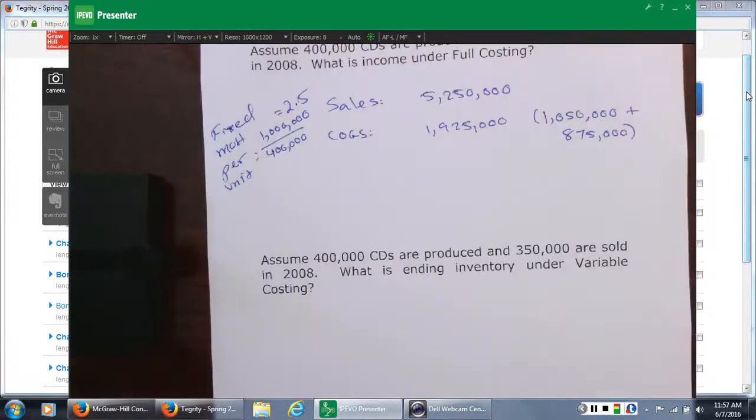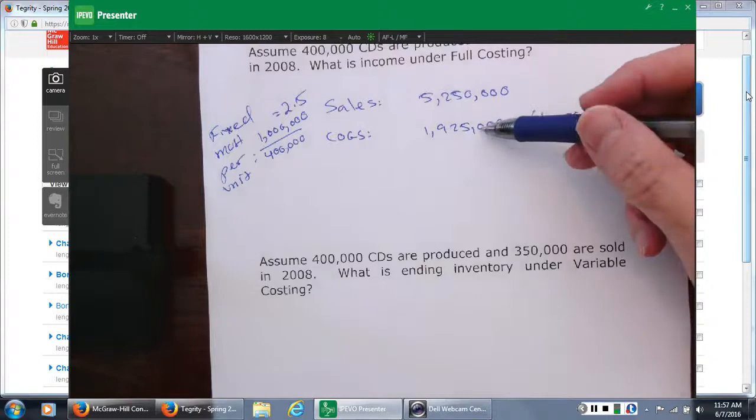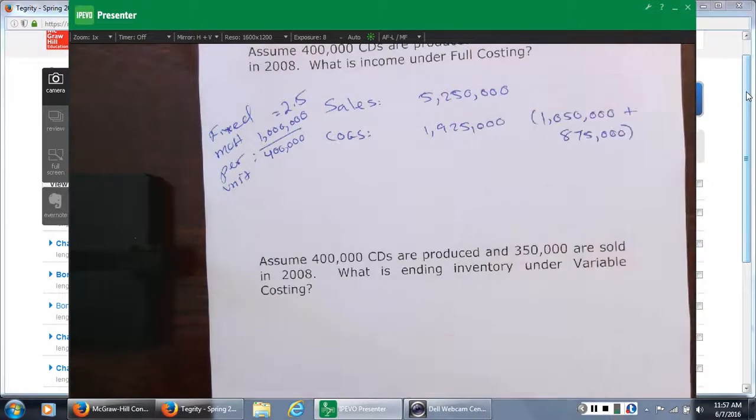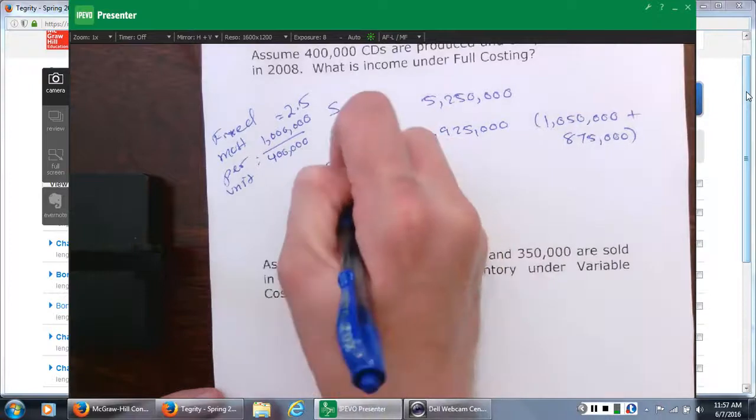So then I say 2.5 times my 350,000, and that gives me my 875, and I add that to my 1,050,000, gives me cost of goods sold right here of my 1,925,000.